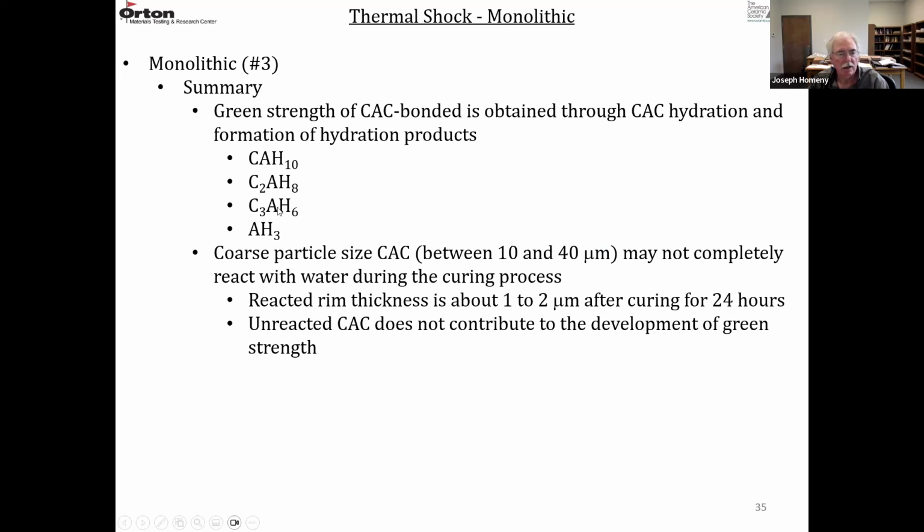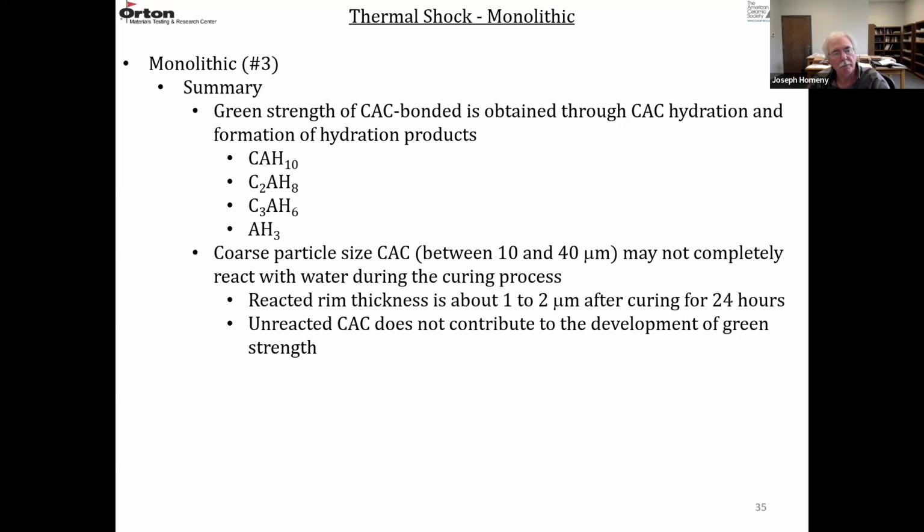C2AH8, C3AH6, and AH3. If you're casting at room temperature, you're going to end up with this phase C2AH8. If you're casting somewhat above room temperature, you're going to end up with C3AH6. And if you're casting on a cold day below room temperature, you're going to end up with CAH10. This is undesirable. You do not want to make it castable and have CAH10 show up.